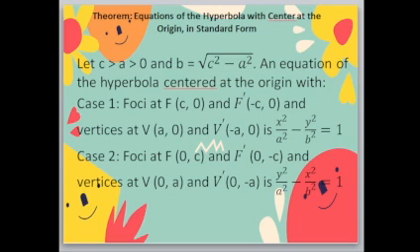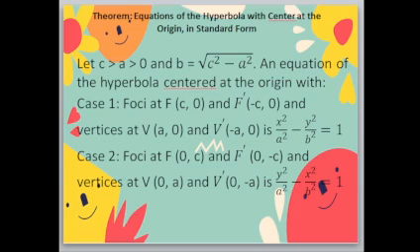An equation of the hyperbola centered at the origin, case number 1: foci at the first focus (c, 0) and the second focus (negative c, 0), and vertices at the first vertex (a, 0) and the second vertex (negative a, 0).